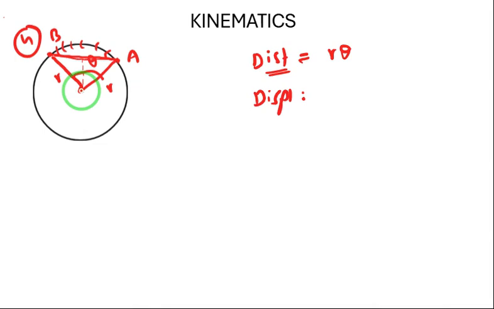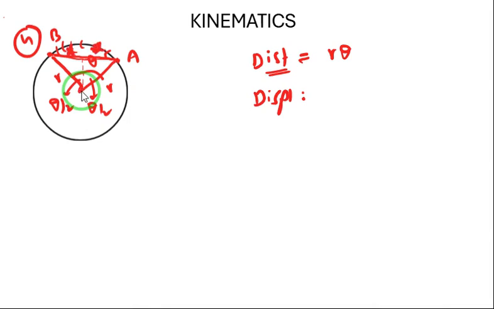Then this becomes theta by 2, this becomes theta by 2. Let it be, in this total path, this is x and the remaining portion is x. It's not appearing clearly, just understand.